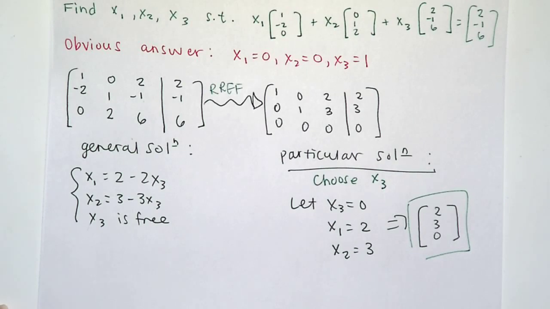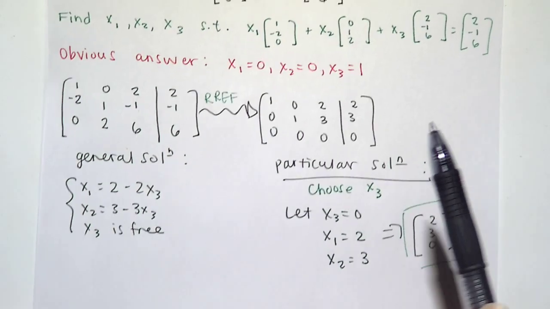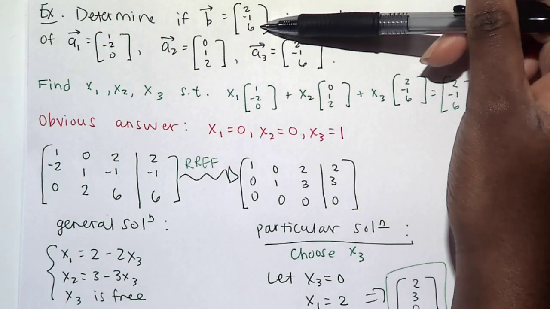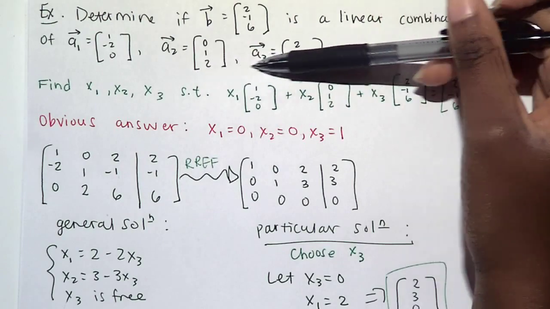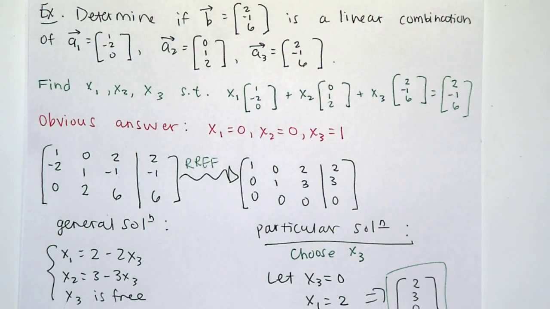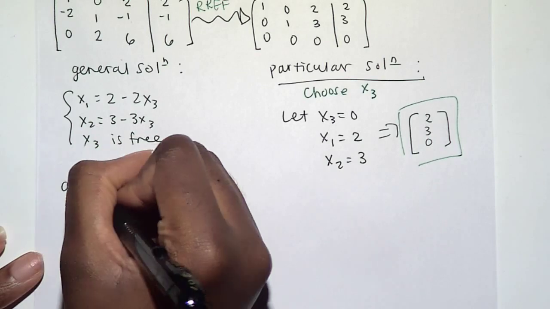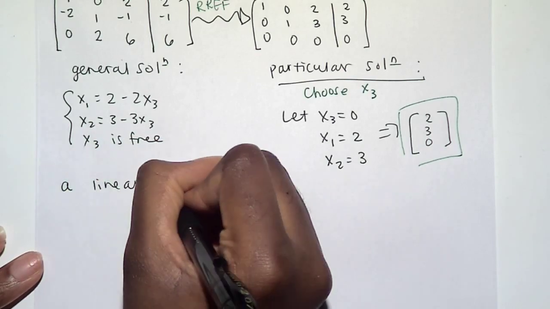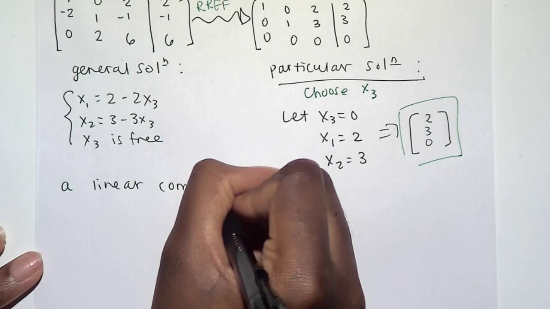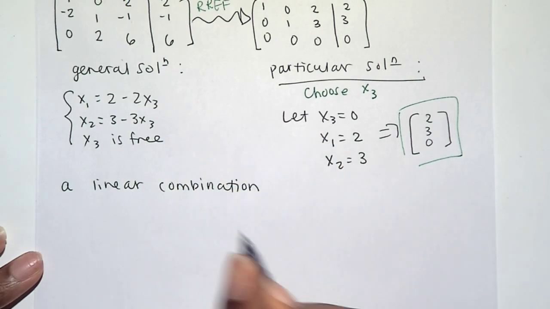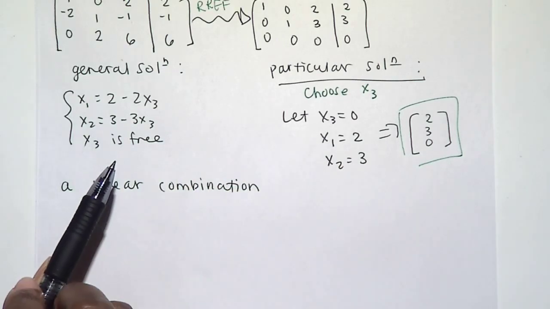Okay, and so we can use this to write our b, (2, -1, 6), as a linear combination of these other vectors. And remember, we got a free variable, so there are infinitely many of them.